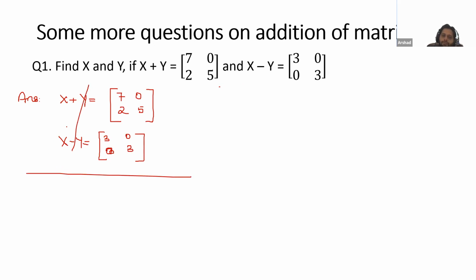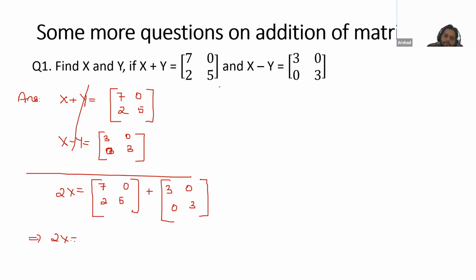This y will cancel out. x plus x will become 2x, and this will become [7, 0; 2, 5] plus [3, 0; 0, 3]. So 2x is equal to, now add these two, you will get [10, 0; 2, 8].